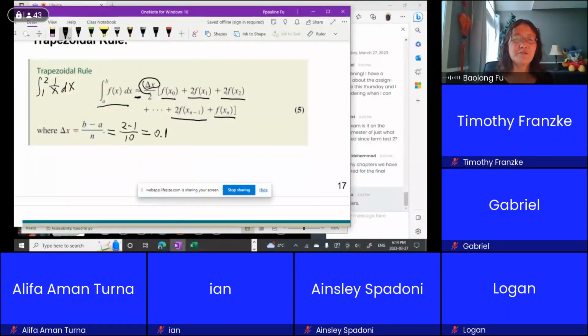So we found our delta x, and then when n equals 10, we have 11 points. See, from 0 to n, you have n plus 1 points.